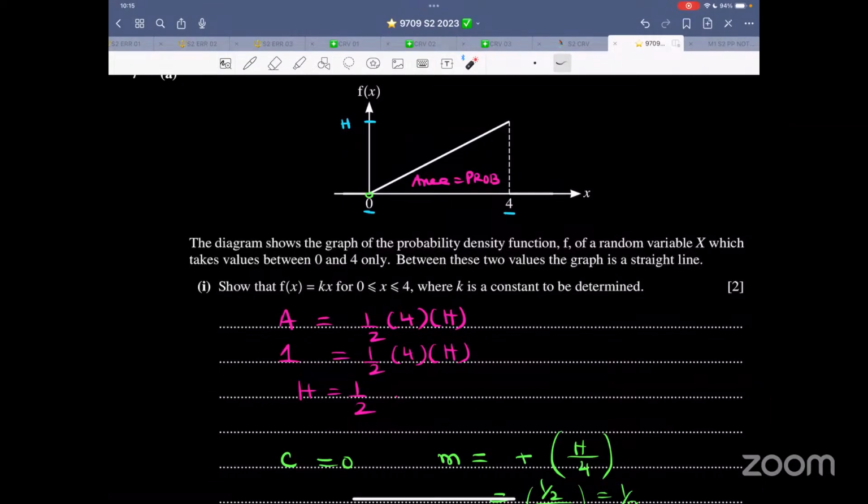Between these two values, the graph is a straight line. Show that f(x) = kx, where k is a constant to be determined.